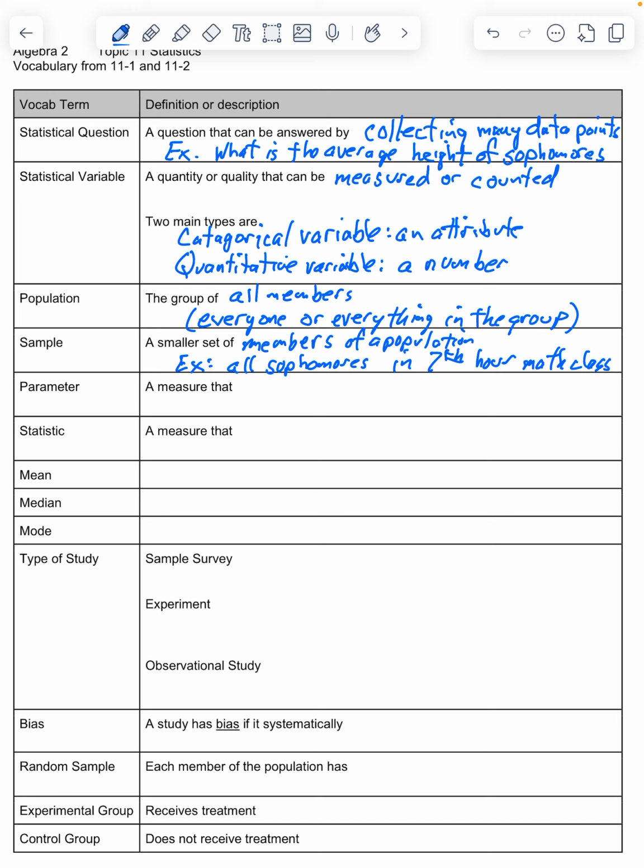Now, the next one, the parameter, this is a measure that describes the population. So as an example, what is the average height of all of the sophomores?